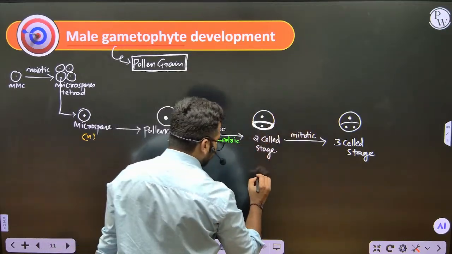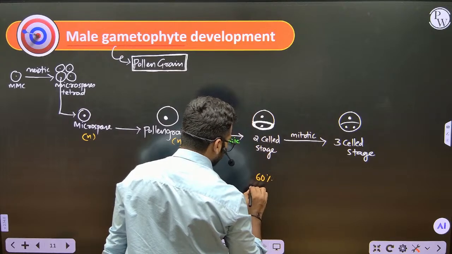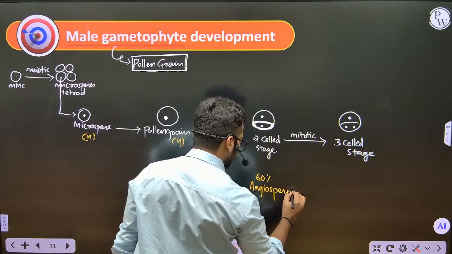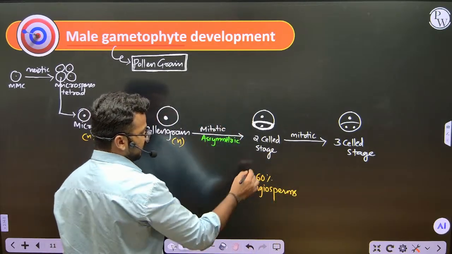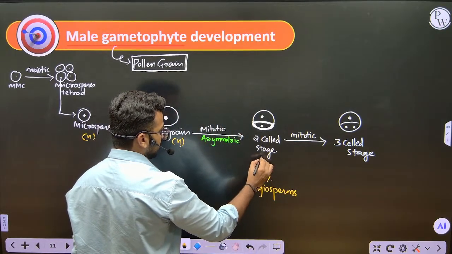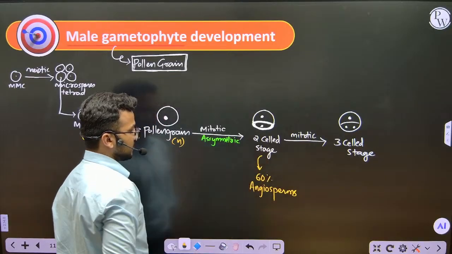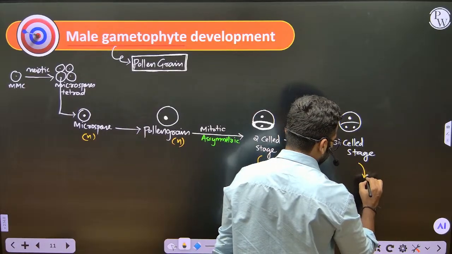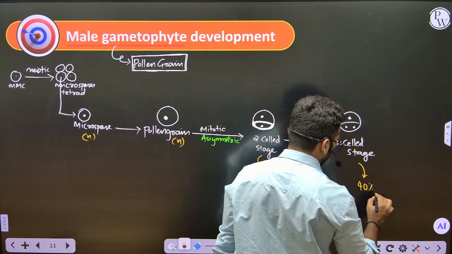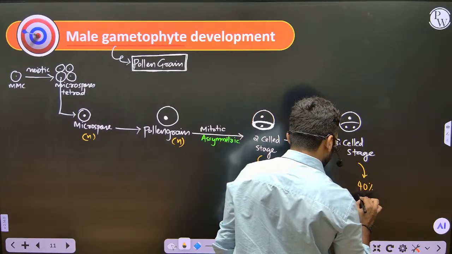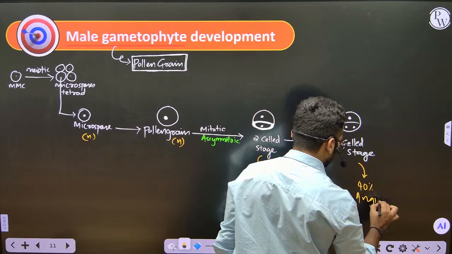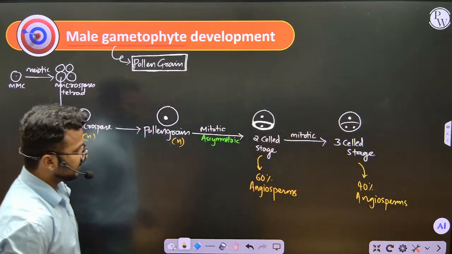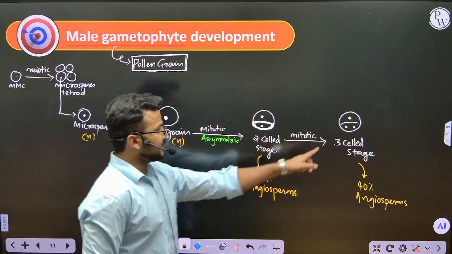So 60% of the angiosperms release the pollen grains in the two-cell stage, and the remaining 40% of the angiosperms release them in the three-celled stage.